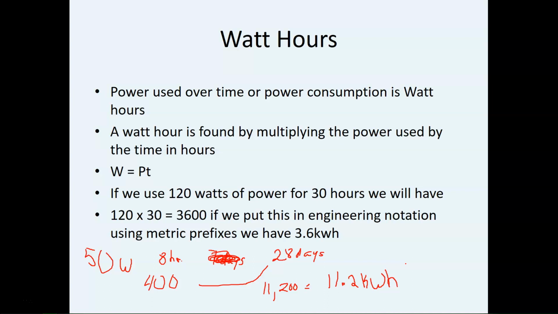So why would this make a difference? Well, let's say you wanted to save on your power bill. This is a good way to calculate what in your house is using up and causing the biggest power use in your house.